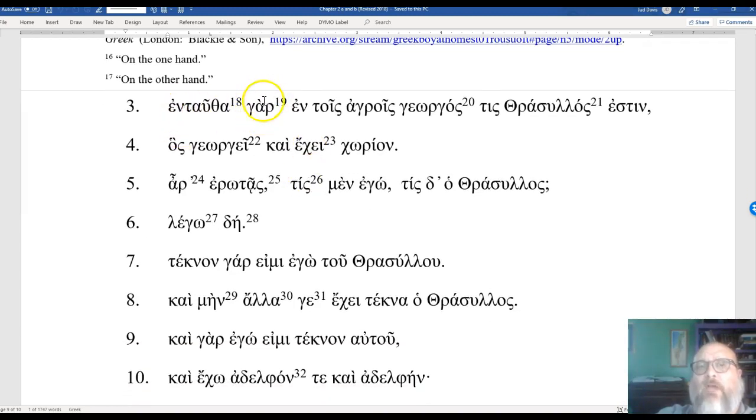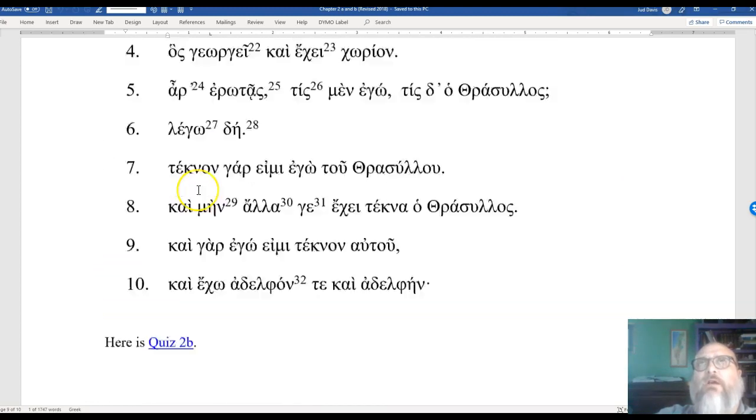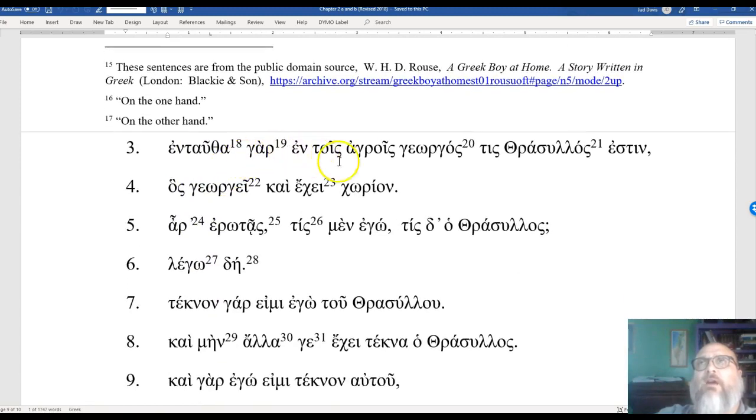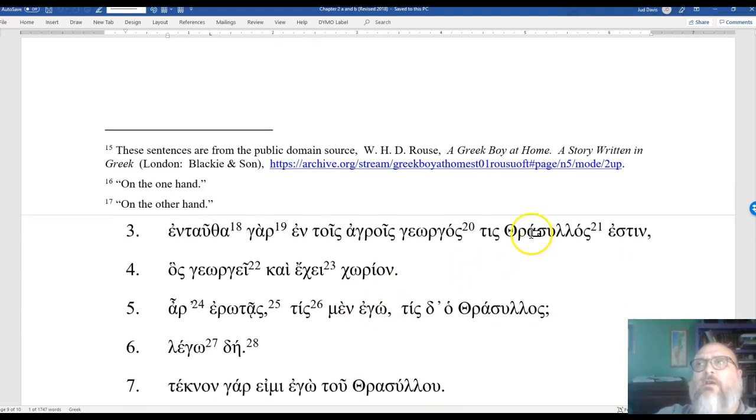For, that's our vocabulary word, there. And see, I've given you this word. For there, in the fields, notice you've got "in fields," now you have "in the fields." For there in the fields, a certain, that's our vocabulary word, a certain Georgos.